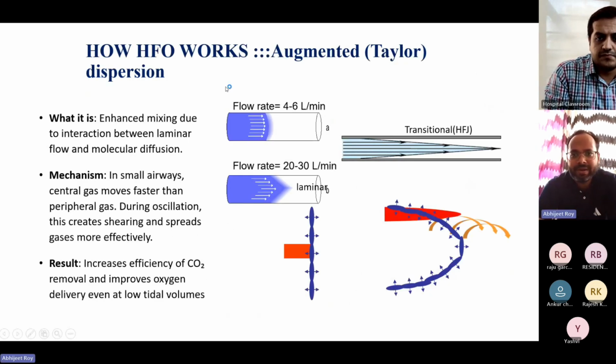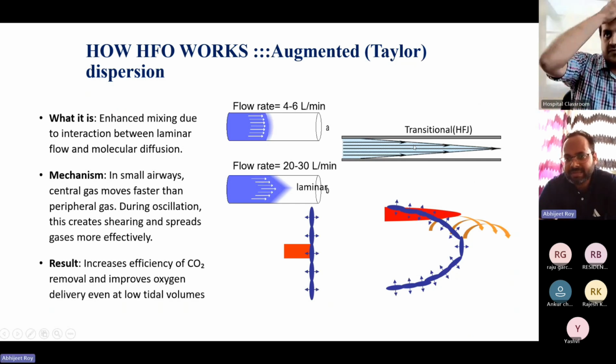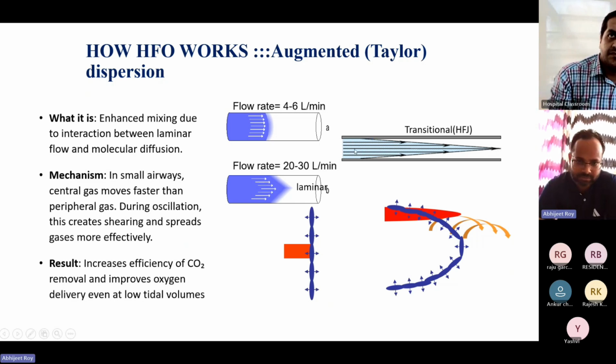What happens in augmented Taylor dispersion? As we know from the smoke study, the gas passes in a conical fashion. So this is the conical end and there will be linear laminar flow here. As the gas is flowing, the oscillations will cause better dispersion in line with the airway.